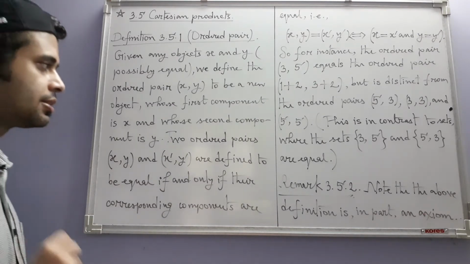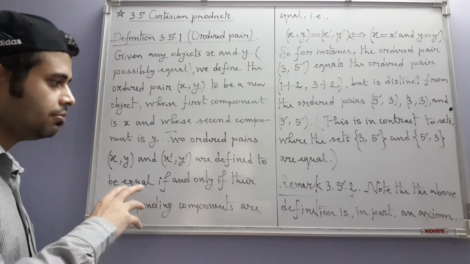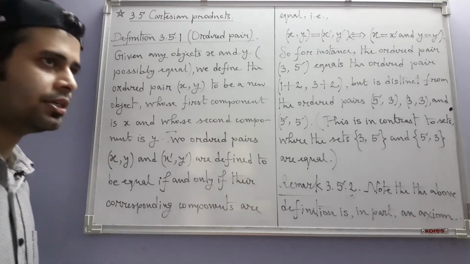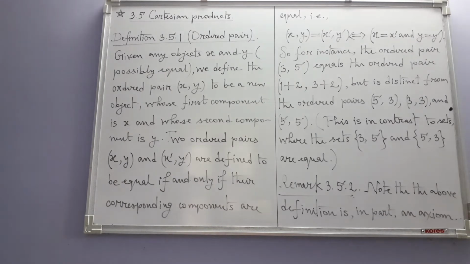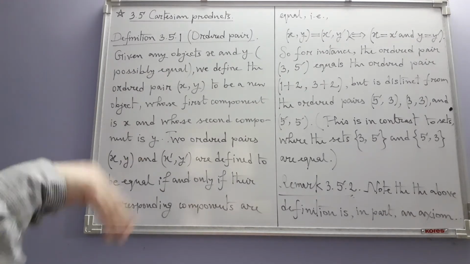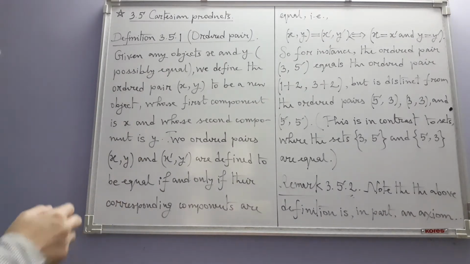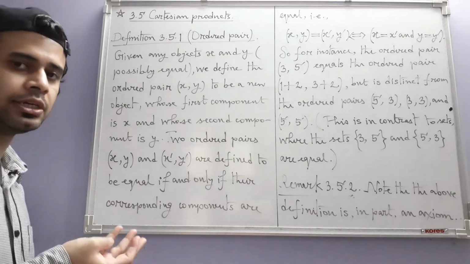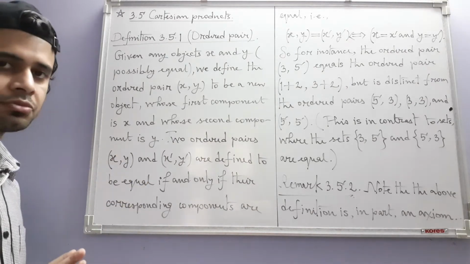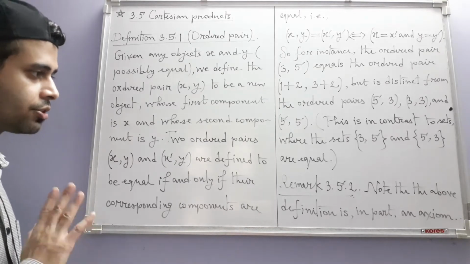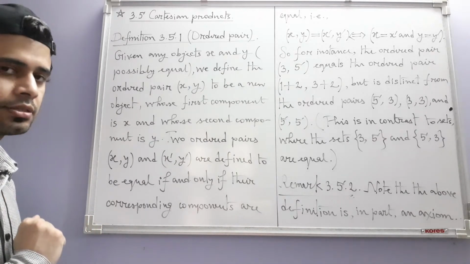So it seems like we are introducing something new into our set theory that cannot be expressed in terms of whatever we have already got in set theory, namely all the operations, union, intersection, all the axioms of sets, etc. But fortunately, that is not the case.